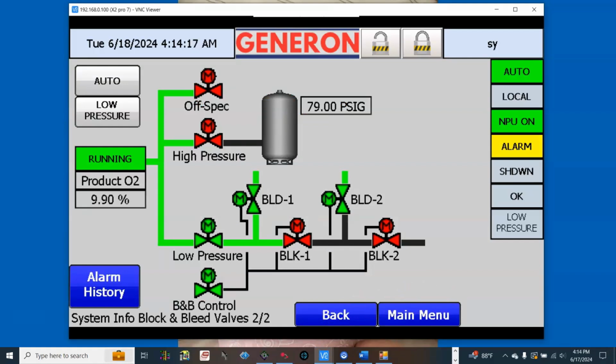So block valves need to be open and bleed valves need to be closed. Block valves are open and bleed valves are closed. Alarm is off now.